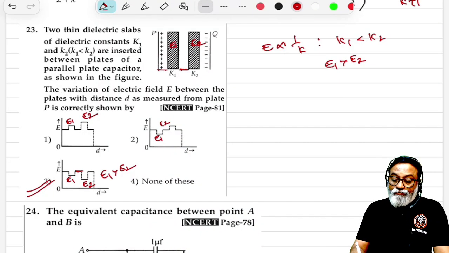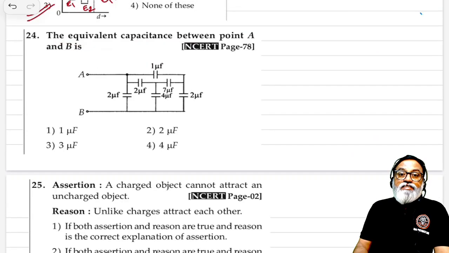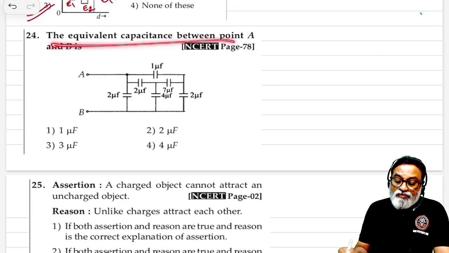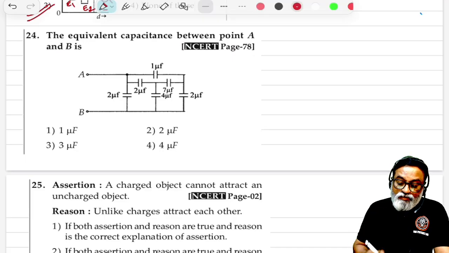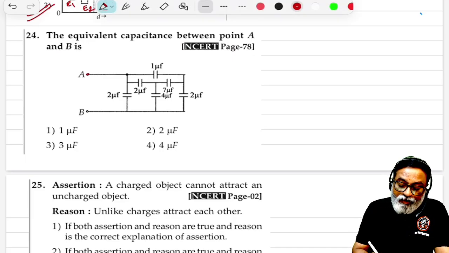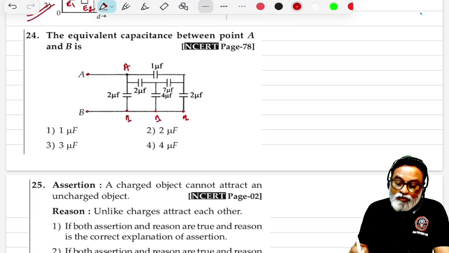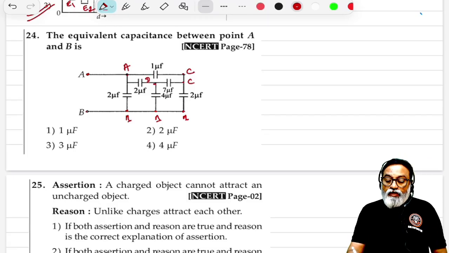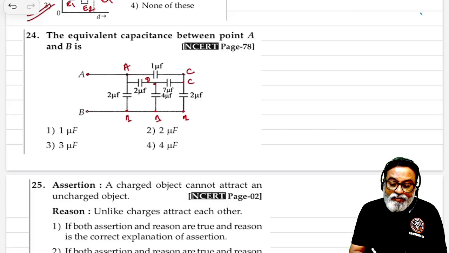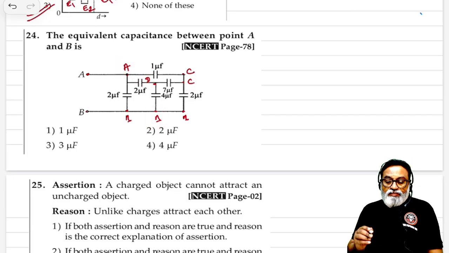Next one. The equivalent capacitance between A and B. See here, this is the node point A, here also A. Here B, here also B, here also B, here also B. I am taking another node point C and this one also C. Here another node point D. Therefore, in this, the node points are A, B, C and D. 4 node points are there.